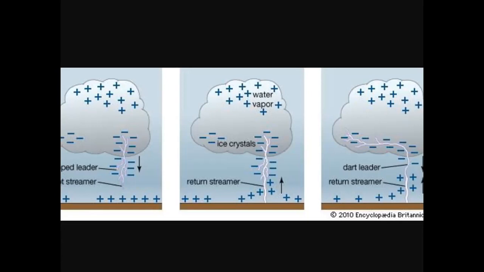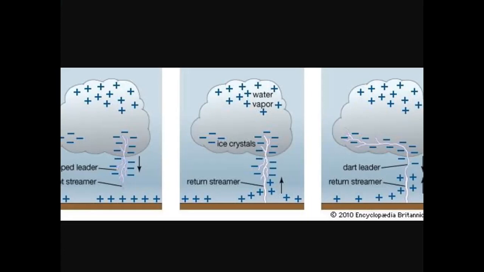Okay, so the discharge can appear between the clouds, inside the cloud. Okay, here is an example of the intra cloud. Okay, and some maybe between the two clouds, and between the cloud and the ground.